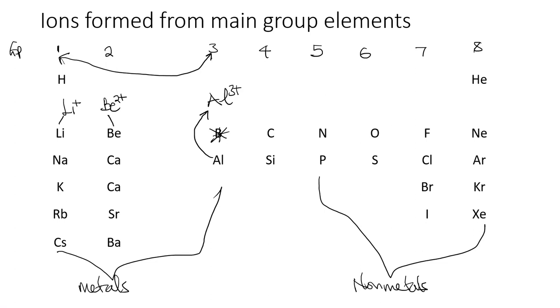Now, when you go to non-metals, to get to an ion, for example, if I take nitrogen here, nitrogen is in group 5. So the question is, what will be the charge of nitrogen? First of all, I need to know that nitrogen is a non-metal. So we are not going to treat it as we have treated the metals.